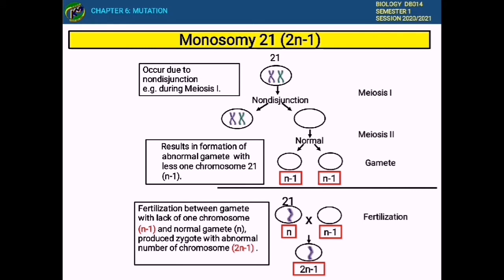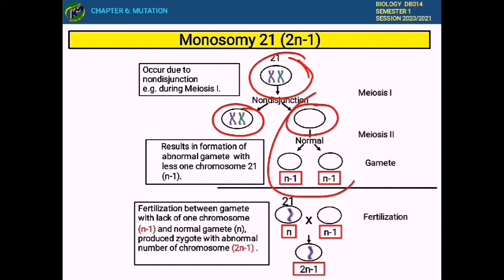Monosomy 21 occurs due to non-disjunction during meiosis 1. Let's take a look. This cell consists of 2 chromosome 21. During non-disjunction, one cell receives both chromosomes, but the other cell receives no chromosome. When these cells undergo meiosis 2, both cells receive no chromosome, so n minus 1, n minus 1.